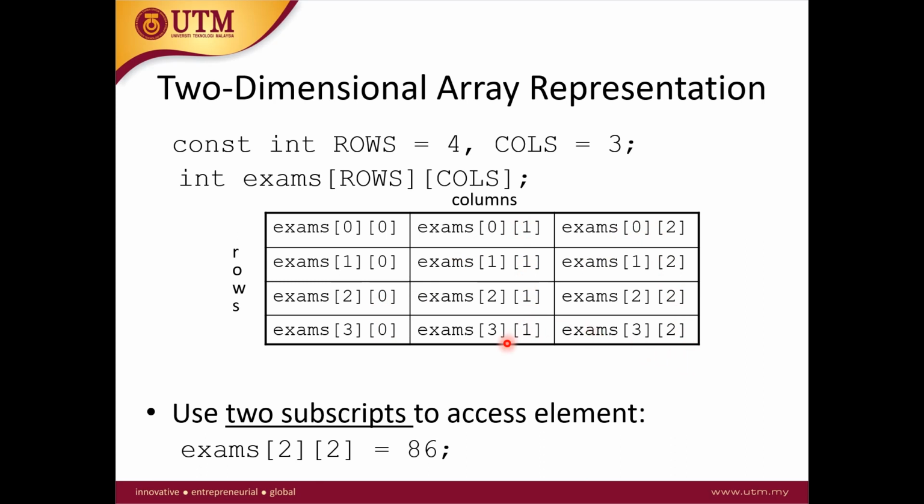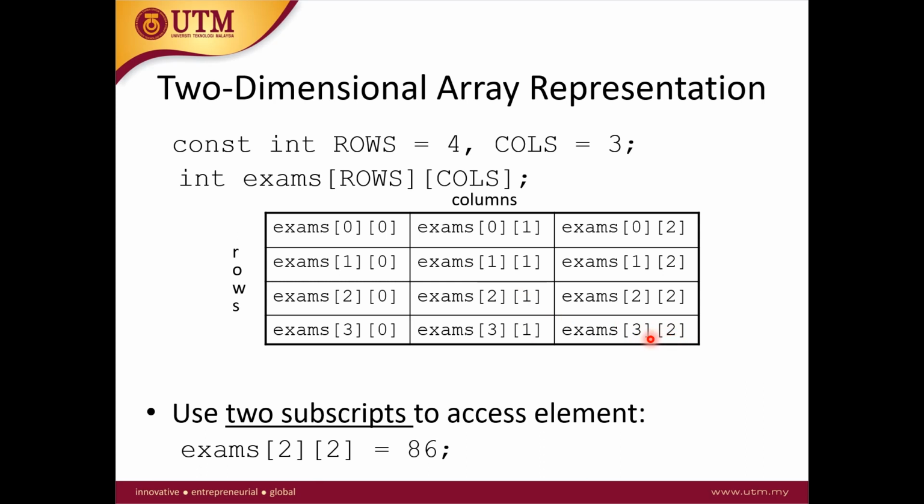So the first element is going to be in row 0 and column 0. If we specify this element, it is in row 2 (rows are 0, 1, 2) and column 1. Why? Because this is column 0 and this one is column 1. This one, 3 2, means row 3 and column 2, and we know that indexes start from 0.